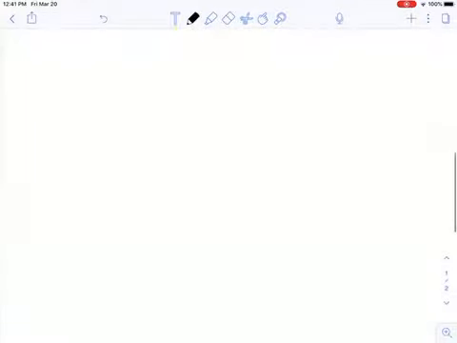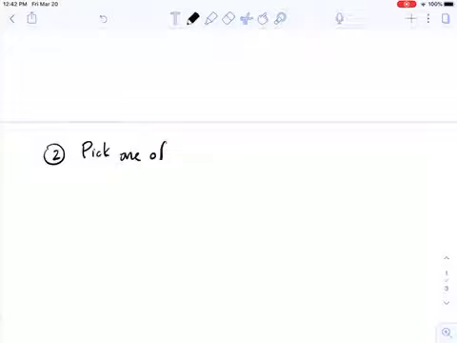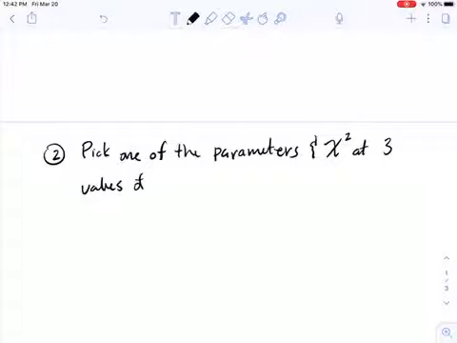So step two is to estimate the uncertainties on those parameters. So you pick one of the parameters, say A1 for example, and evaluate chi-squared at 3 values of A1 that bracket the minimum in chi-squared.